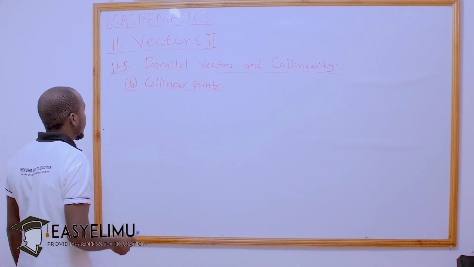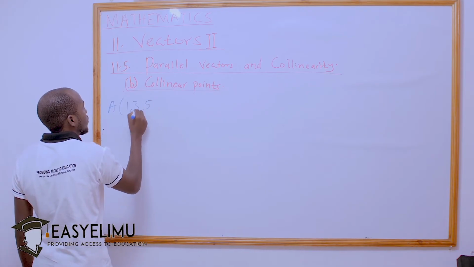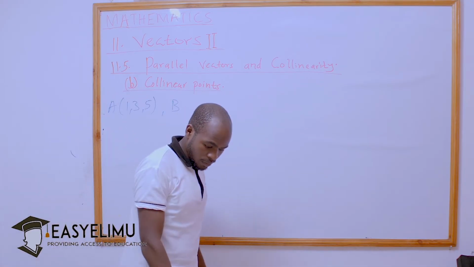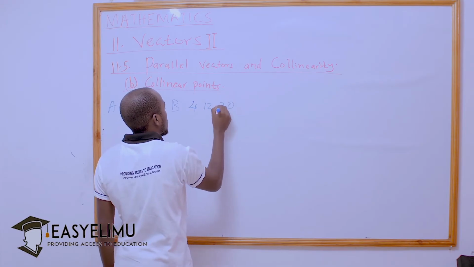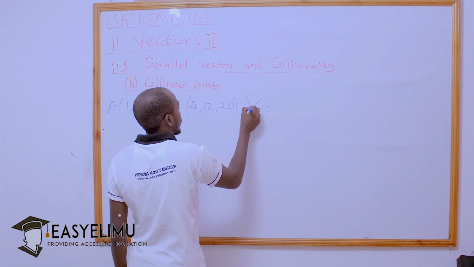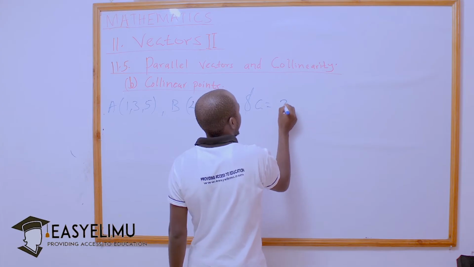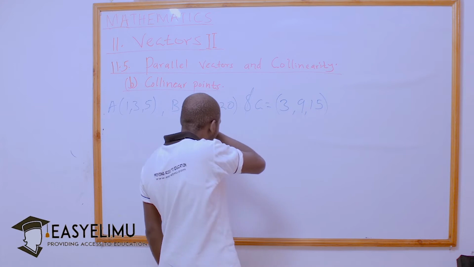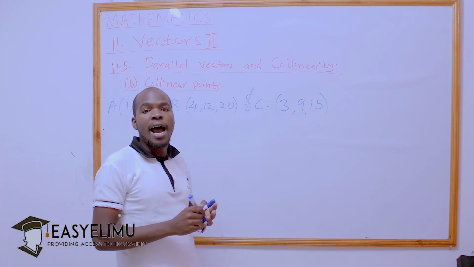A is (1, 3, 5), B is (4, 12, 20), and C is (3, 9, 15). Test whether the 3 points are collinear.